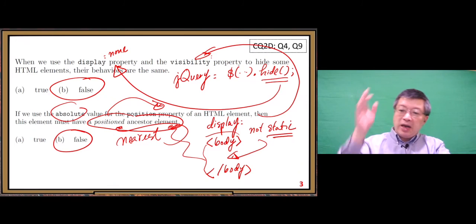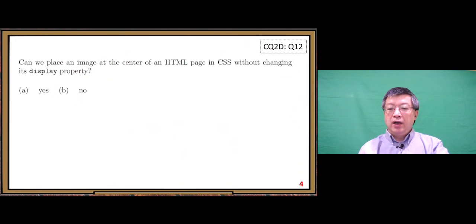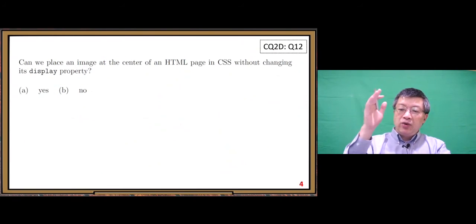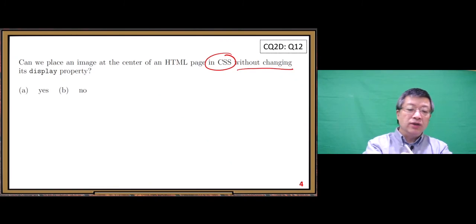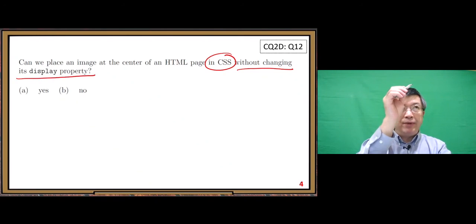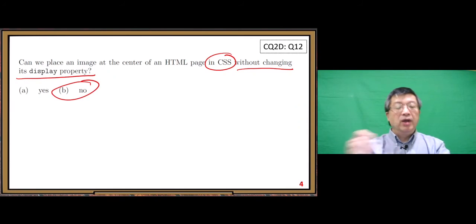All right, so the last question, 2D, question number 12. Can we place an image at the center of an HTML page in CSS without changing its display property? Answer is no. But why is that?